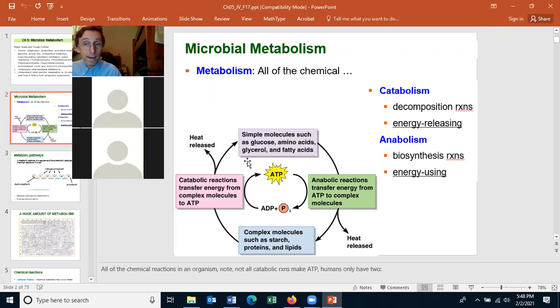Let's see. Catabolism reactions release energy. Sometimes that energy can be released and used to make ATP.